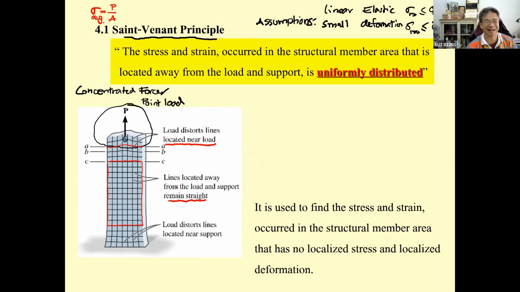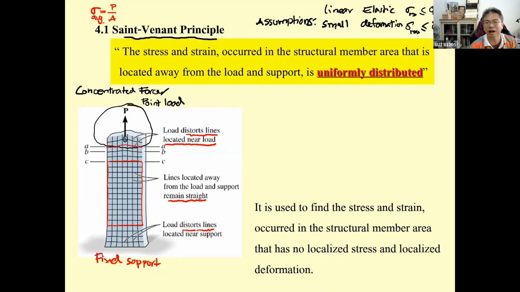But at the loading point, at the fixed support, the deformation may be different. It's going to contain distorted lines. That means the stress over here at the top and at the bottom of this portion must be complicated or complex.